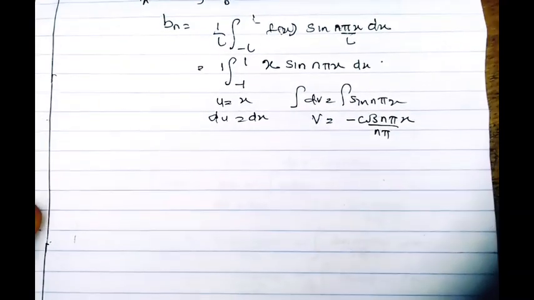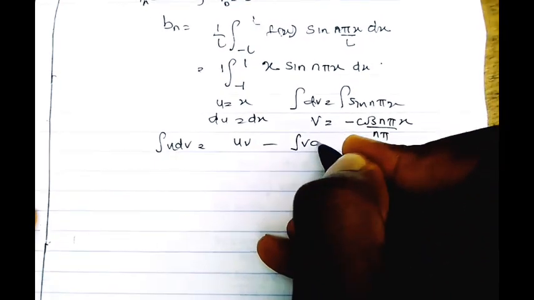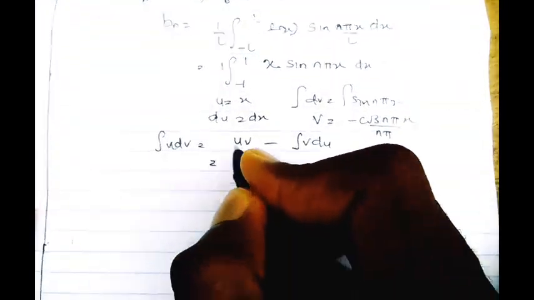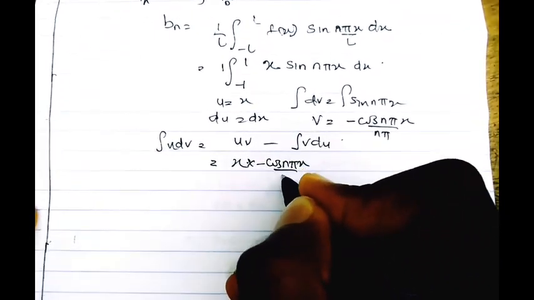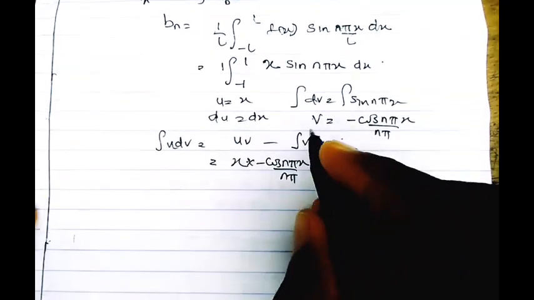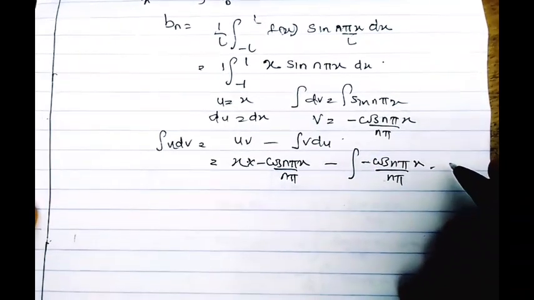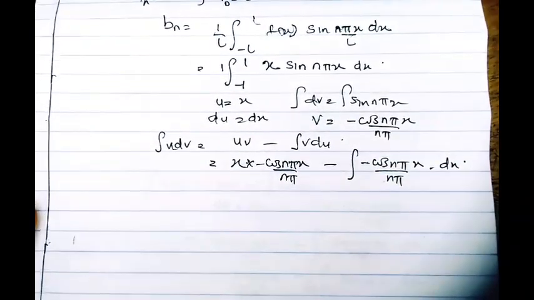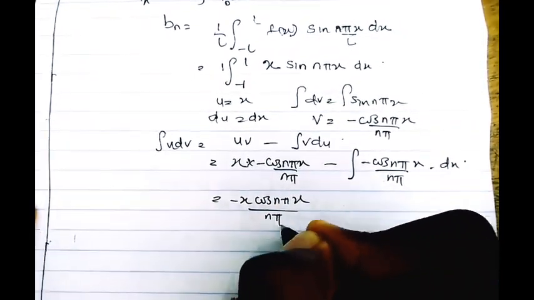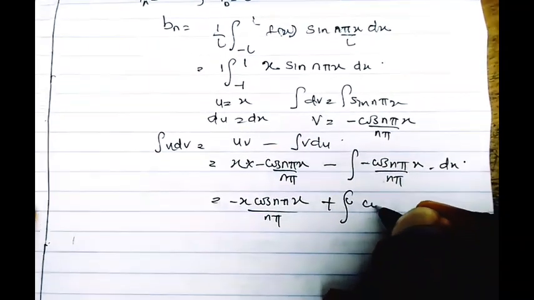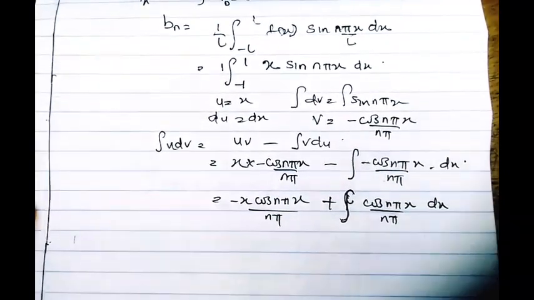Putting it in the integration by parts formula, which says integral of u dv is equal to uv minus integral of v du, I'm left with minus x cos n pi x over n pi plus the integral of cos n pi x over n pi dx.